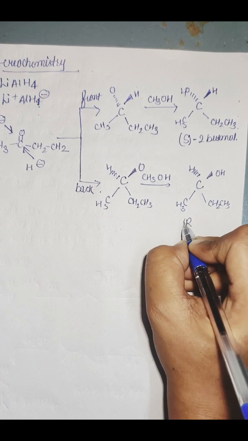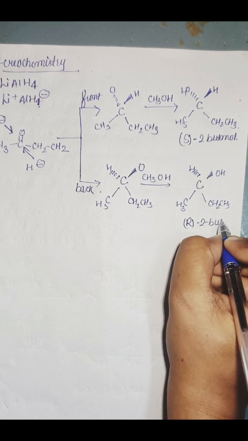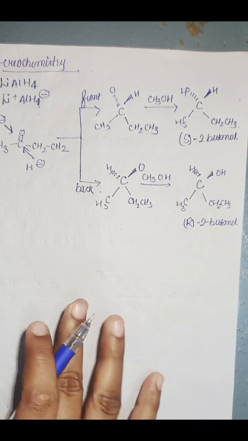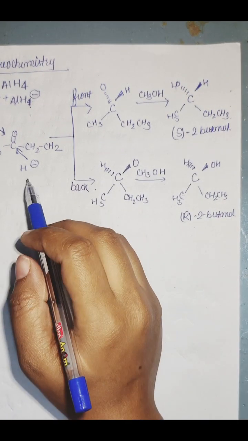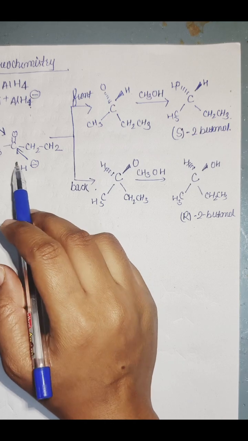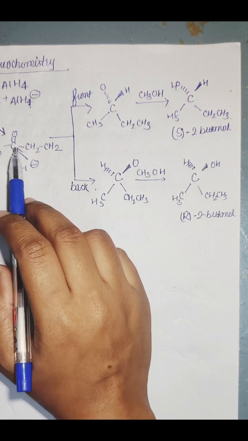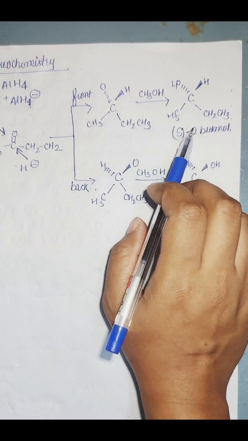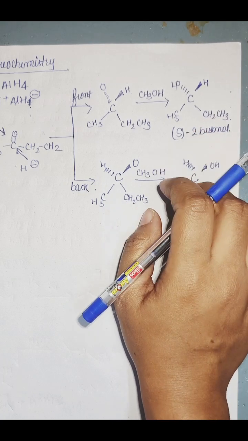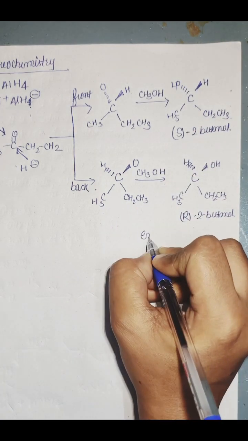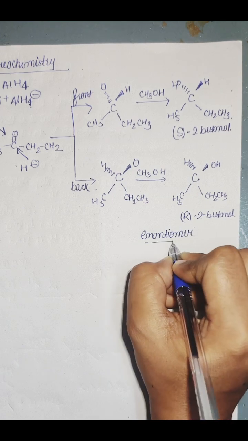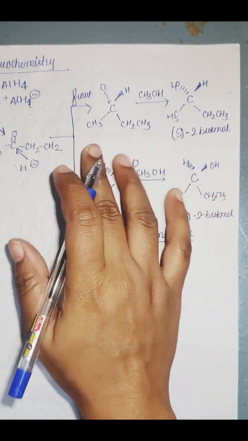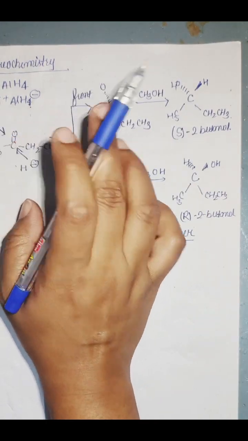This is R-butanol. So what we see here is that the sp2 hybridized carbonyl group is converted into sp3 hybridized, and we get an enantiomer. This is the stereochemistry of LiAlH4 in short form.